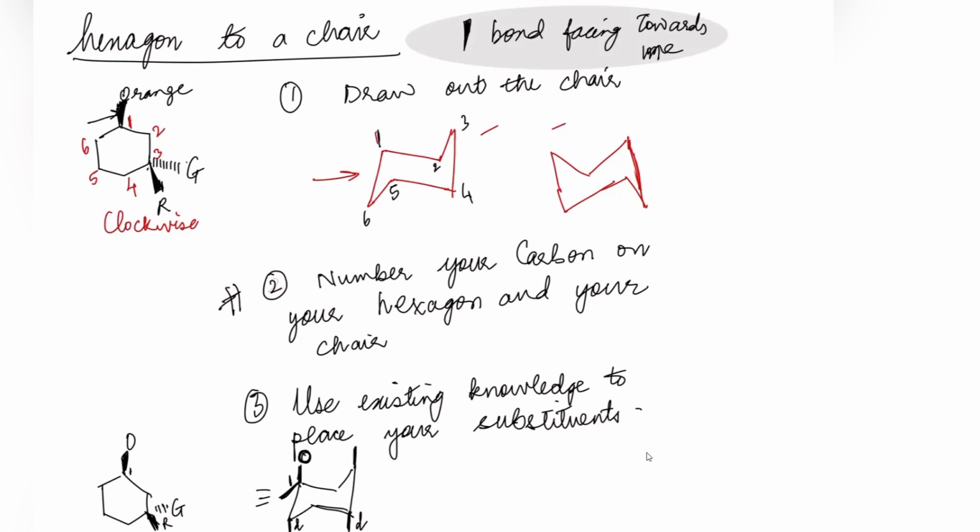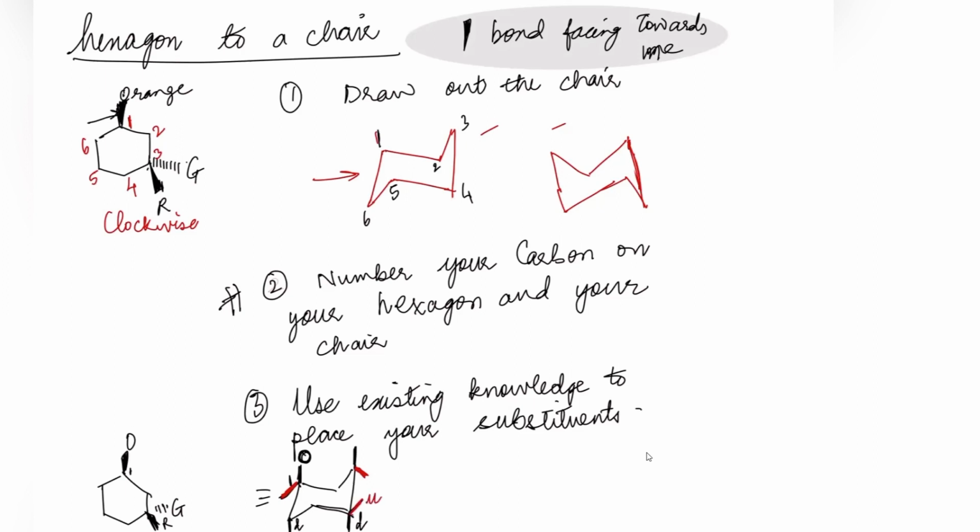Because every chair would have a bond facing up, facing down, facing up, facing down. Then this would be the bond facing up, and this would be the bond facing down.